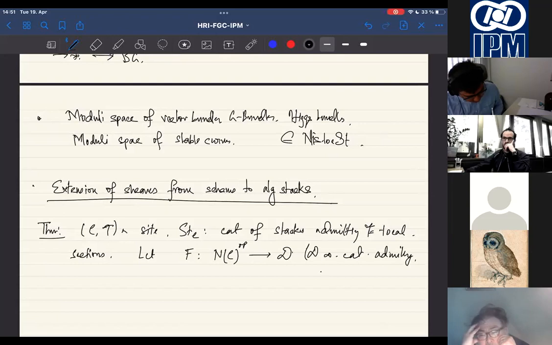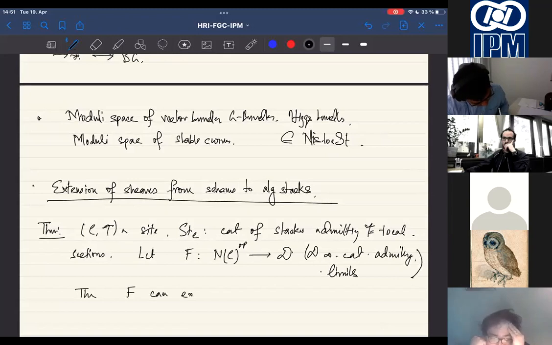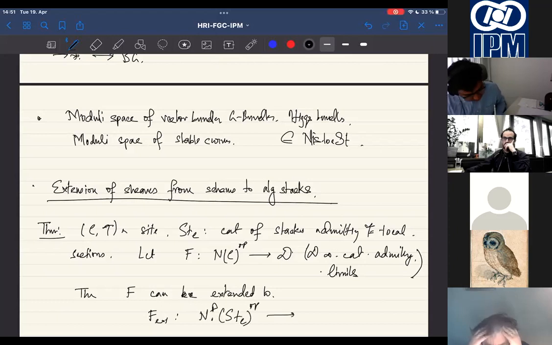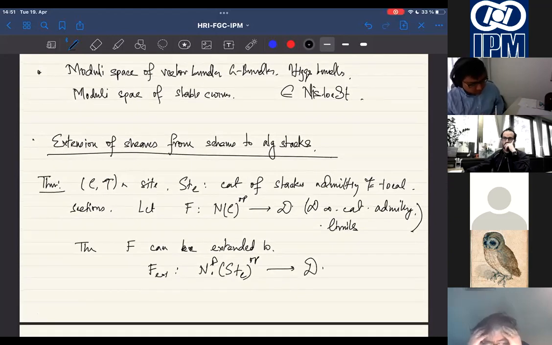admitting limits. Then F can be extended to Fx, which is a functor from this STC, which is an infinity sheaf with respect to the T-log topology.